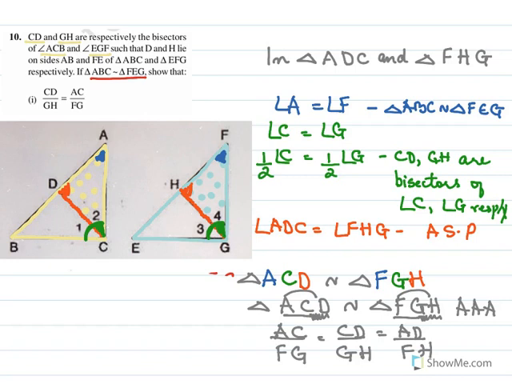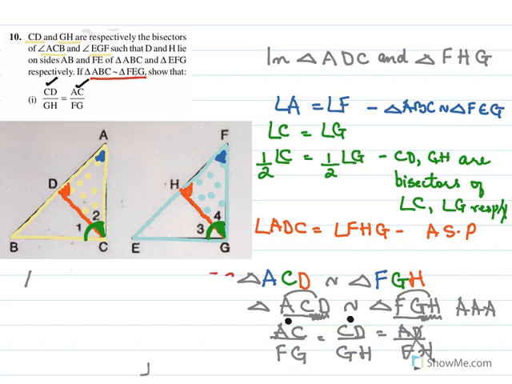Now here, if you compare, we require CD and we require AC. In this ratio we got AC and CD. So this last ratio we ignore.